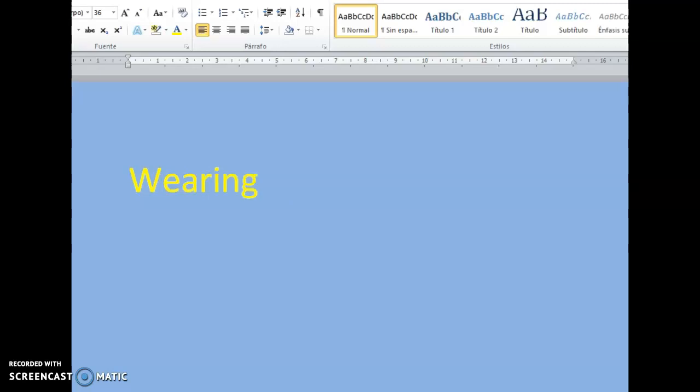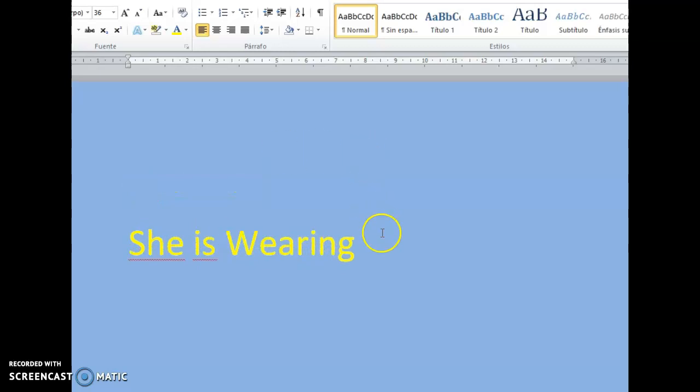Wear, you are going to say wearing, vistiendo. Entonces vamos a describir a una persona poniendo she is wearing a. ¿Ok? Vamos a tratar de escribir. Aprendámonos esta expresión. She is wearing a. She is wearing a red hat and blue jeans.